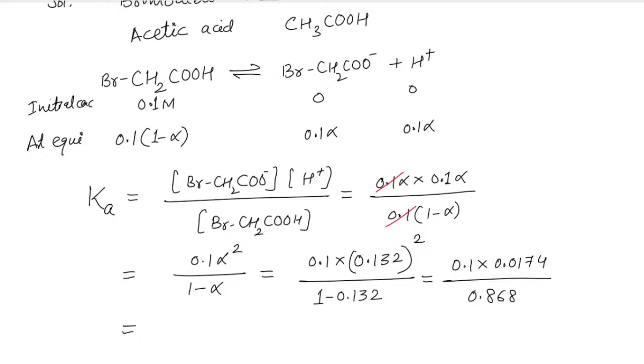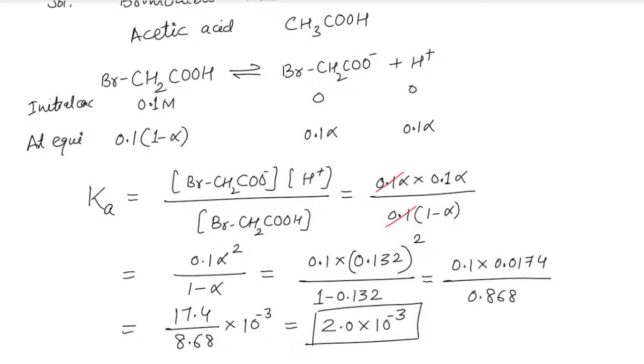Take it as 17.4 over 8.68, into 10 raised to power minus 3. 17.4 and 8.68 is very close to 2, right? So 2 into 10 raised to power minus 3. This is the value of Ka.